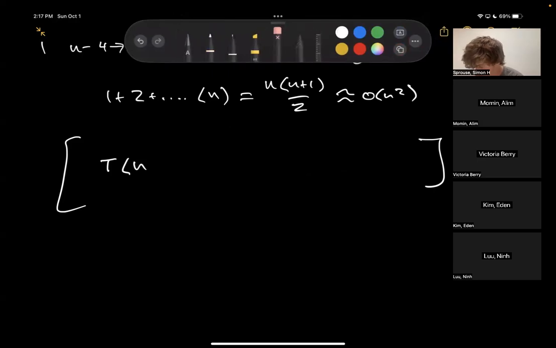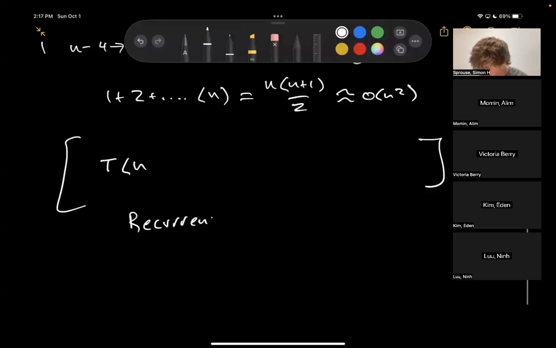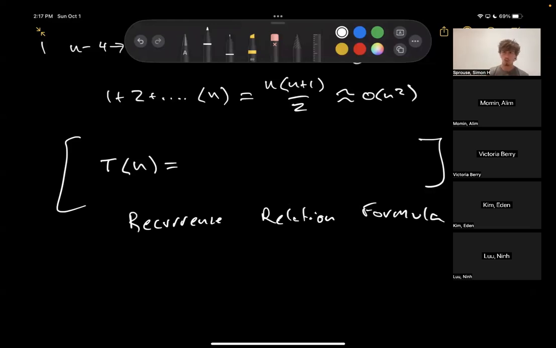Recurrence relations, their time complexity formulas, are all going to look something like this. You've got a recurrence relation formula, and this will be different depending on the algorithm you're looking at, but usually it looks something like this. T of n, and don't get confused about why it's T. You've seen O of n, you've seen F of n.